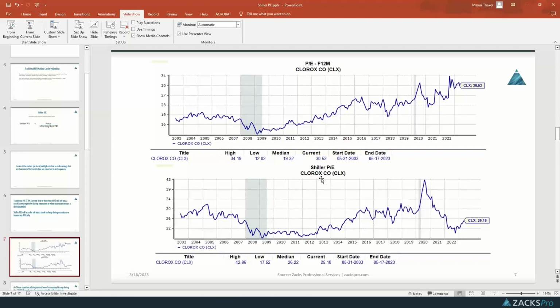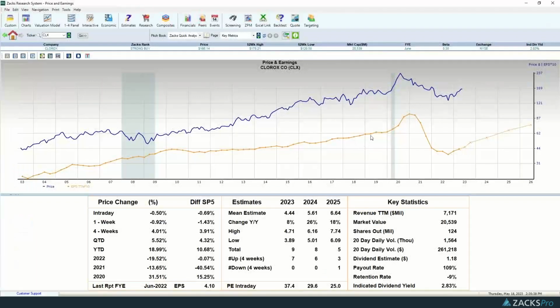Remember, if you're talking about companies that are passing fads, or companies that are getting disrupted right now by new technologies, then the Shiller PE probably is not good because, again, the assumption is that earnings will always come back to trend. It will always revert back to the mean.